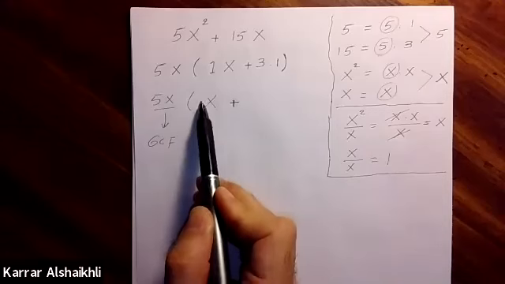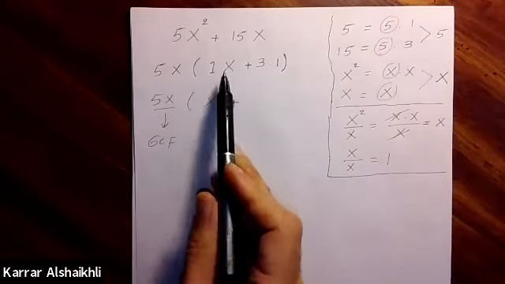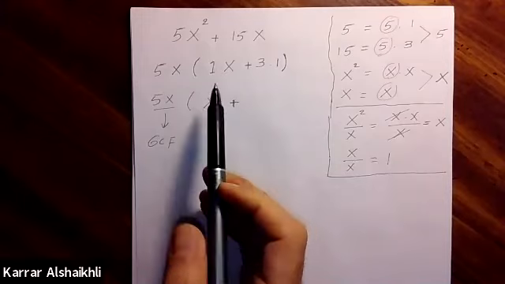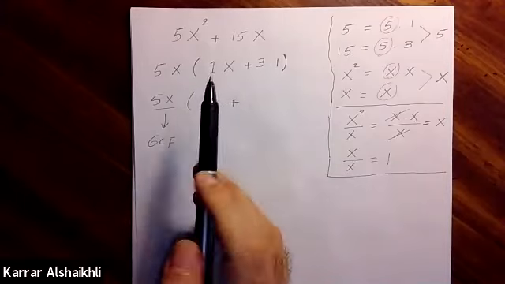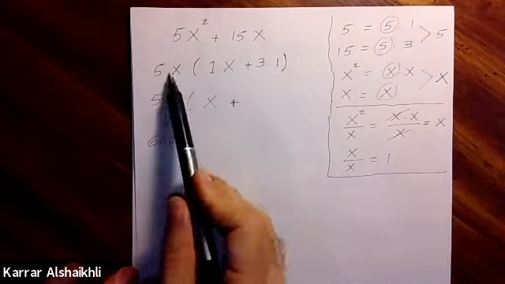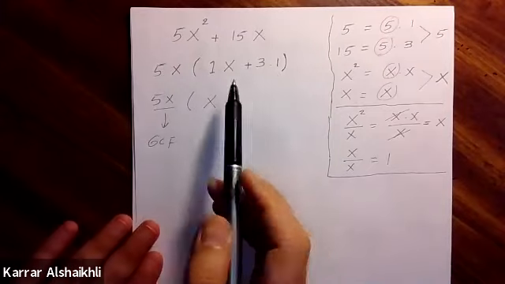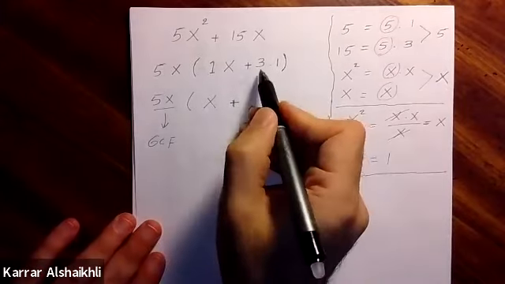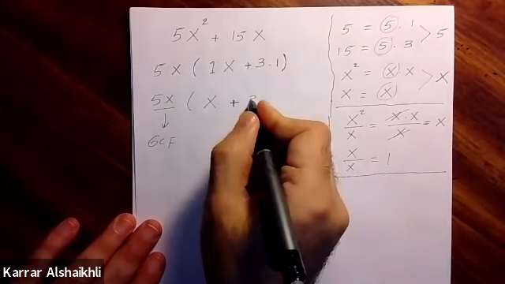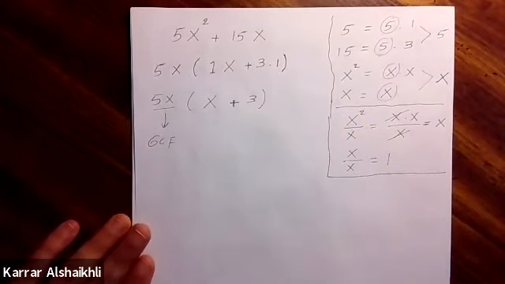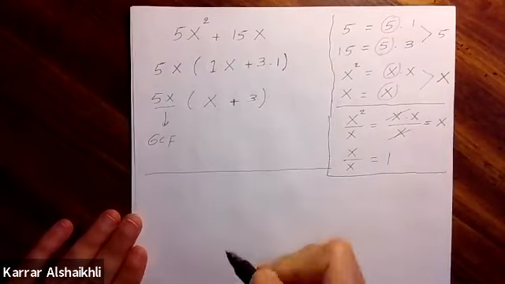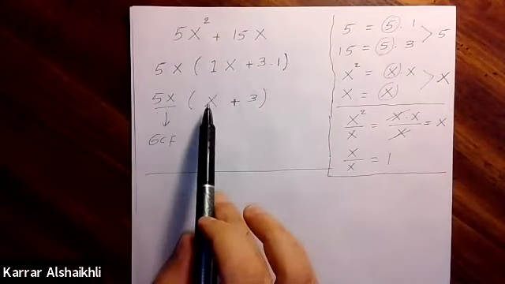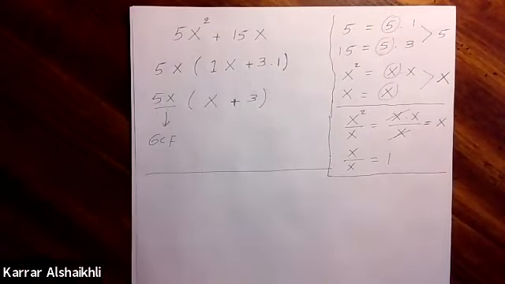That means it's 1. So I can write down 1x, or just an x by itself, which is right if you leave the 1. It's okay if you just write down this exactly the same. It's going to be right. Plus 3 times 1 is going to be 3. That's it. This is the GCF, and this is the leftover, x plus 3.